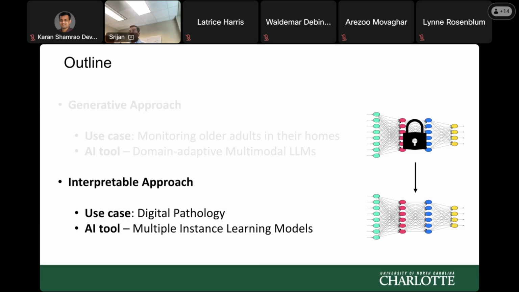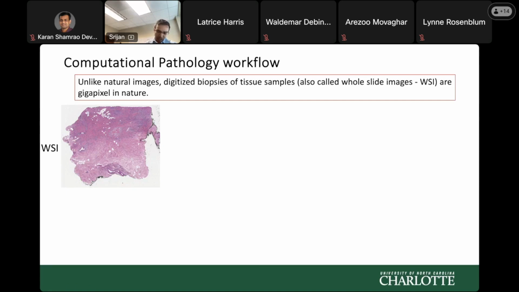So the use case here is digital pathology, and the AI tool that we will be focusing on is multiple instance learning models. Before going into the details, let me first talk about a very generic workflow. In computational pathology, unlike natural images, we have whole slide images.